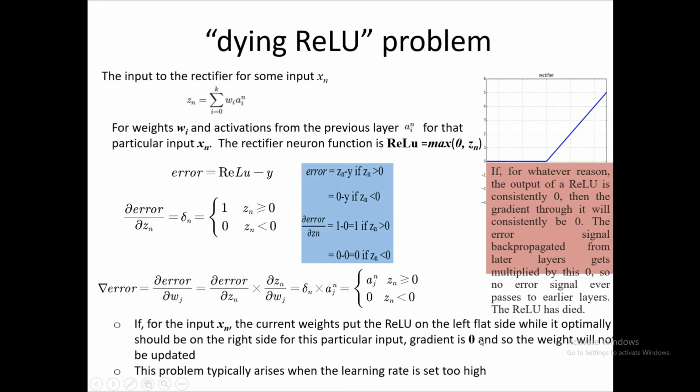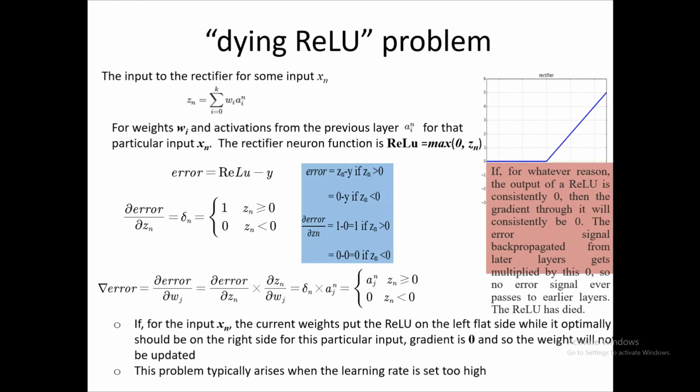When the gradient is 0, in gradient descent we cannot update our weights, because the previous weight and the current weight will be the same. So there will be no update in the weight.